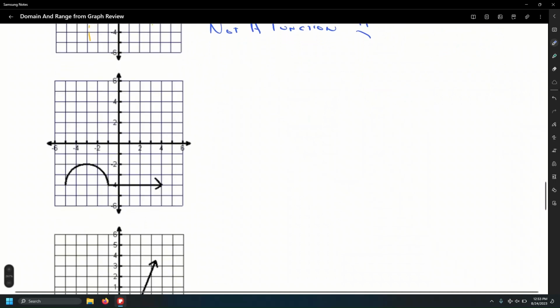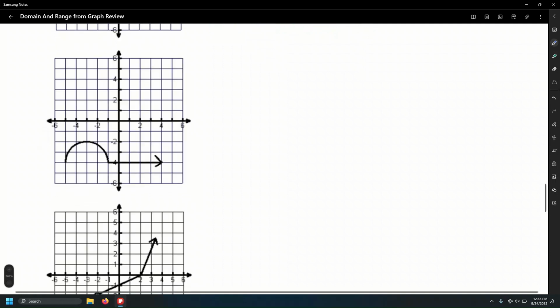How about you try this one and see what you get? Maybe you did it at home, maybe not. If you didn't, take a couple of minutes and see what you get for this one.